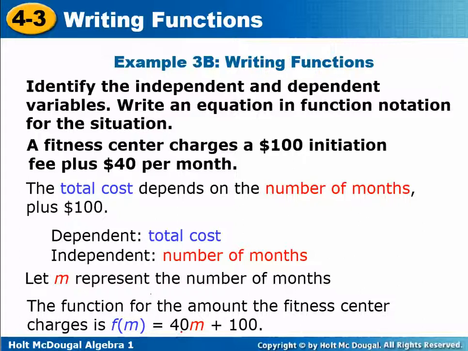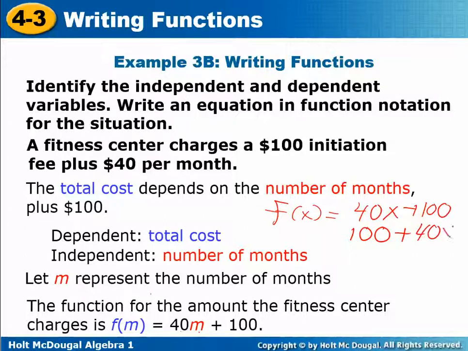We know that it's going to be $40 for every month plus the $100 that you have to pay to start out. So again, you can use x every time and say that f of x is equal to 40 times x, x being the number of months, plus the $100. Or maybe you would have written $100 first plus 40 times x. This would also be correct. So it's just writing an equation, except instead of y equals, we'll say f of x, function of x. Or if you used m, function of m.